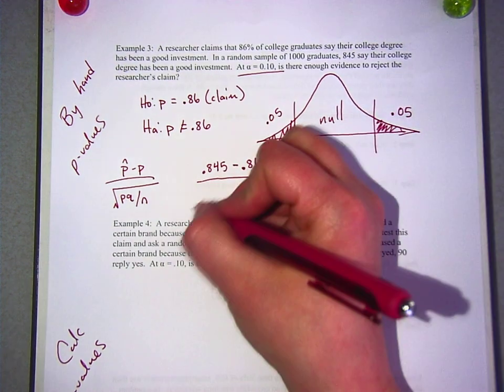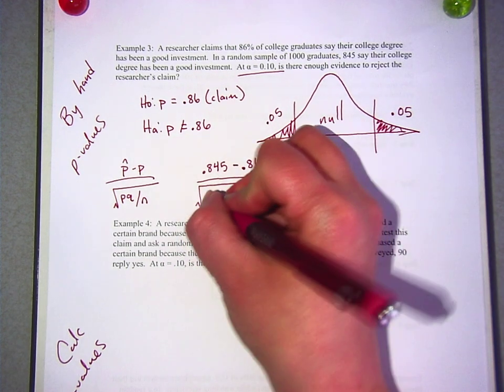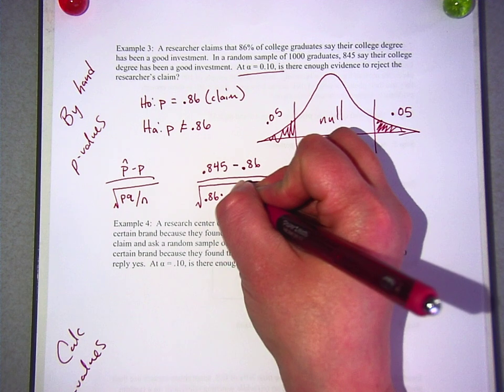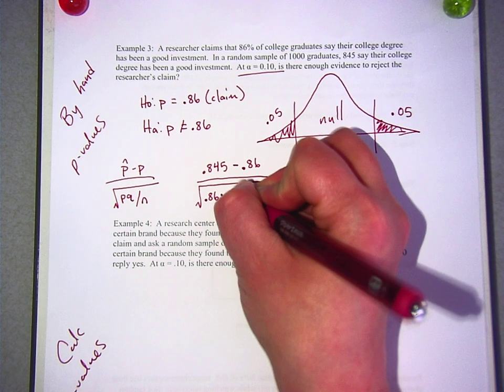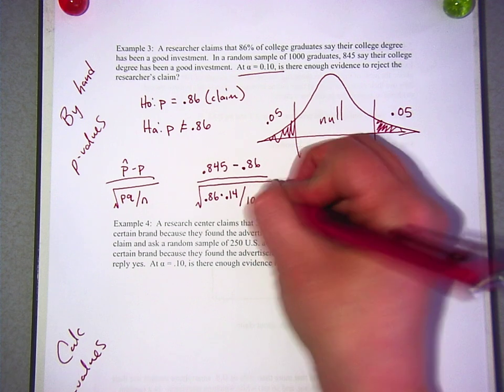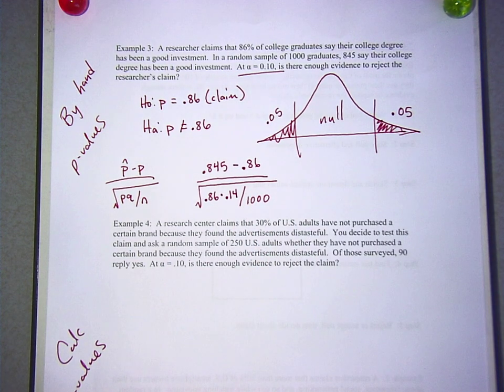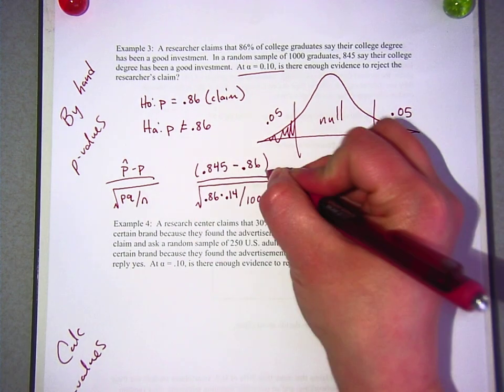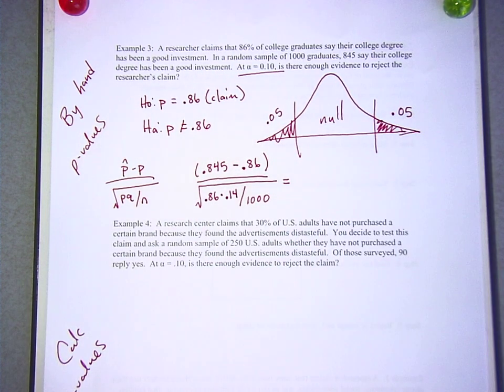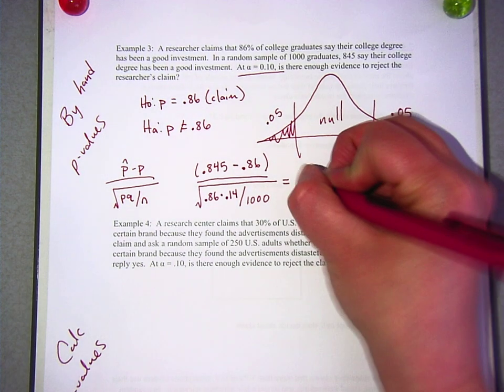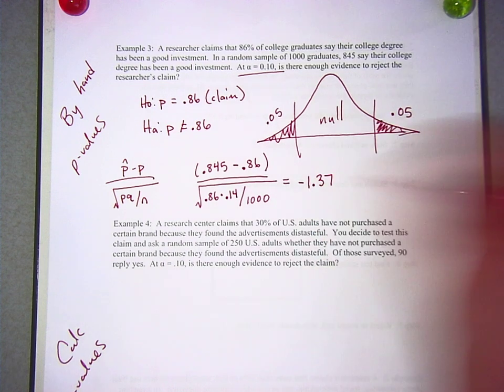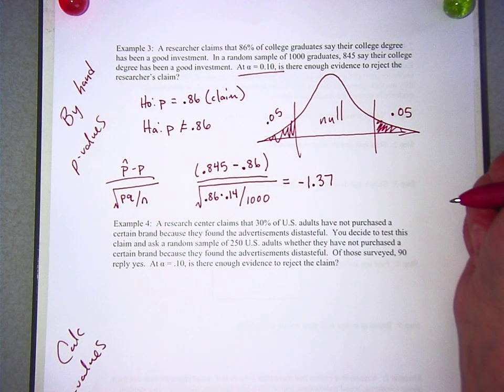Do you think it's close enough? 0.86 times 0.14 divided by 1,000. Got negative 1.37.